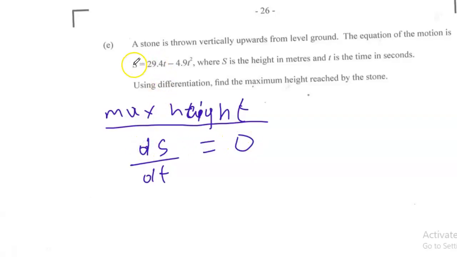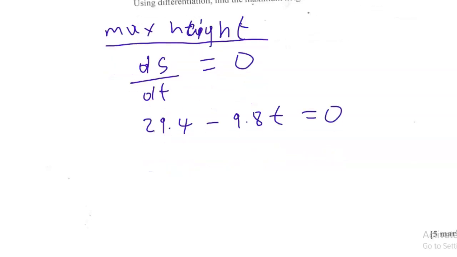Alright, so differentiate s with respect to t, so that's 29.4. Differentiate the next term, that's 2 times 4.9, that's 9.8. Subtract 1 from the power, t. Equate that to 0 and solve. So we would have 29.4 equal 9.8 t.